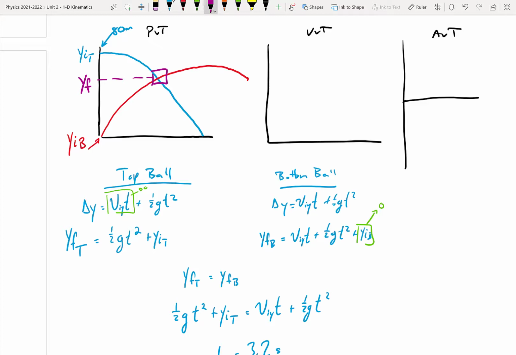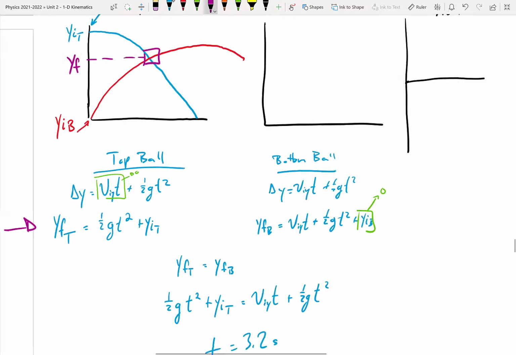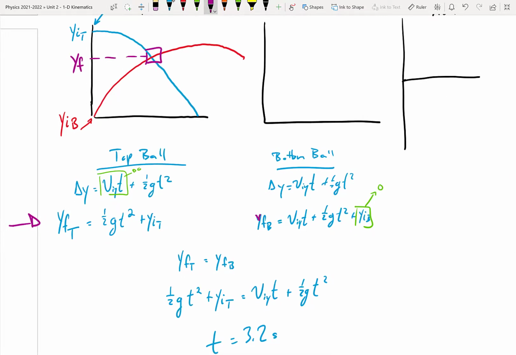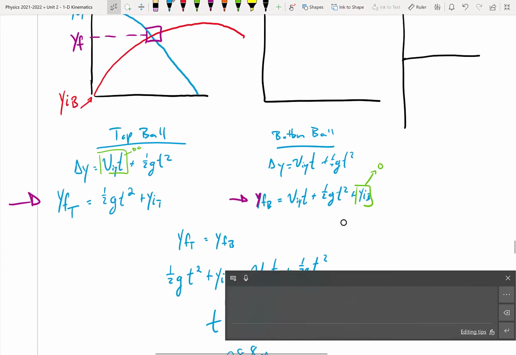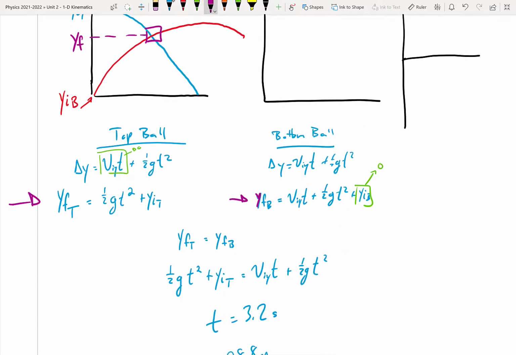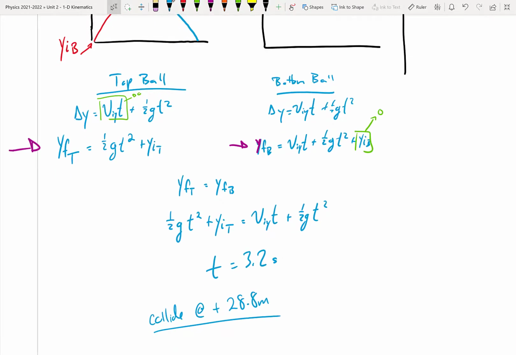Notice I've done the same thing here. I know I have two quadratic functions, this one for the top ball, this one for the bottom ball. This is a y right there for the bottom ball. Okay, and then I'm just setting them equal to each other. And then solving for my time, I set them equal, solve for my time. I have to remember to put in the 80 for my initial position of the top one.